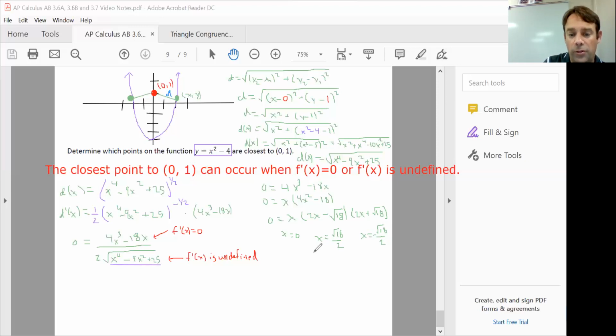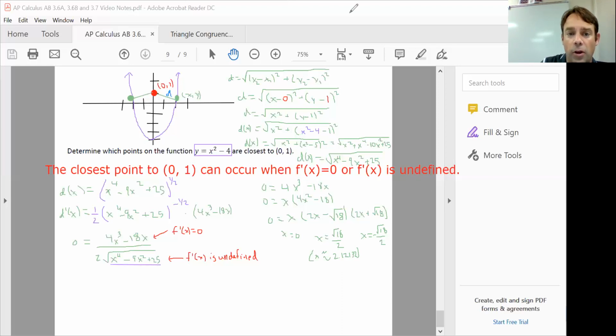And by the way, just in case you're curious, root 18 over 2 is about 2.12132. 1, 2, 1, 3, 2. I maybe actually drew those dots in the right spot after all.